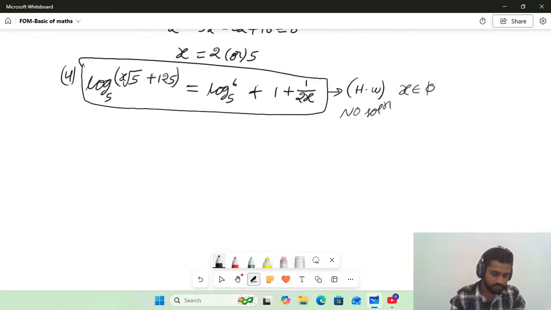No solution for this logarithmic equation. Yes, this is a practice question I have given to you, Kavin. You have to find the answer. So no solution for this.